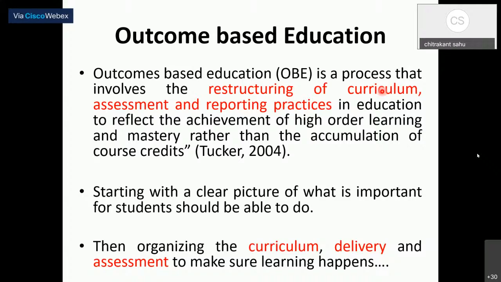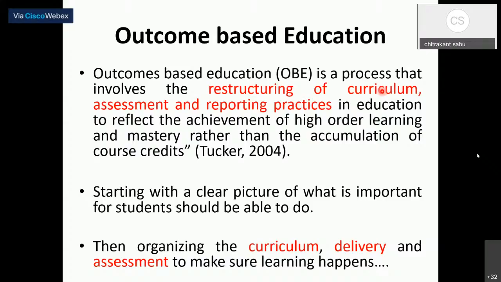These are all important skills of an engineer, and outcome-based education is a philosophy that caters to all of these. The first important point is what the student should be able to do after graduating from the institute. That is the philosophy of outcome-based education.